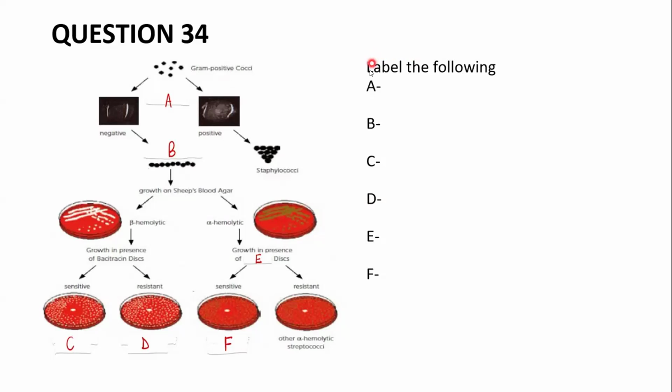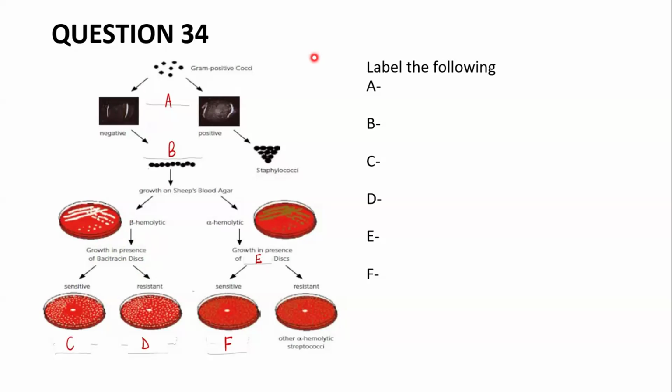BB RAS means bacitracin. So you can see here in beta hemolysis, we use bacitracin. The mnemonic goes like this: group B resistant, group A sensitive. Have you noted that down? Group B resistant, group A sensitive. That's BB-RAS.